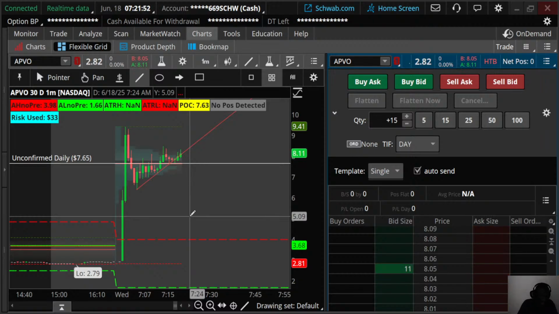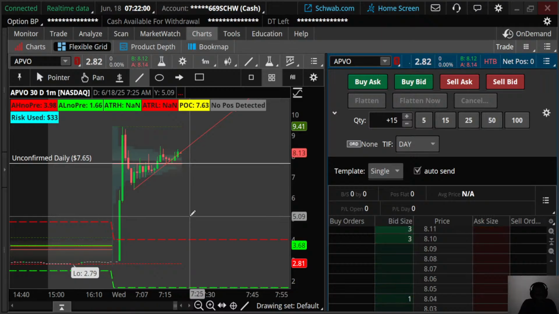Right on that imaginary line. Who else is seeing the imaginary line is my question. Is it real? Is it fake? 8 million shares traded.